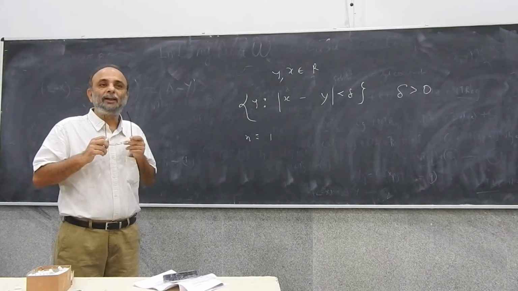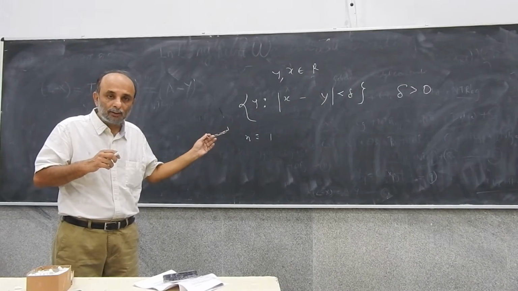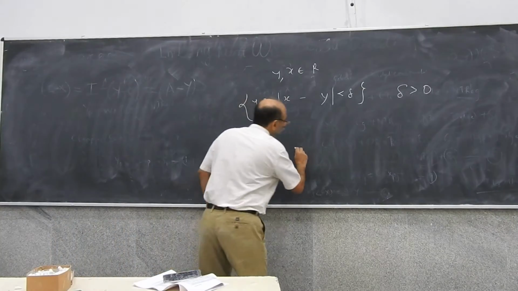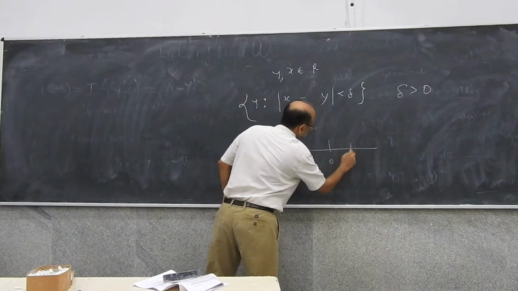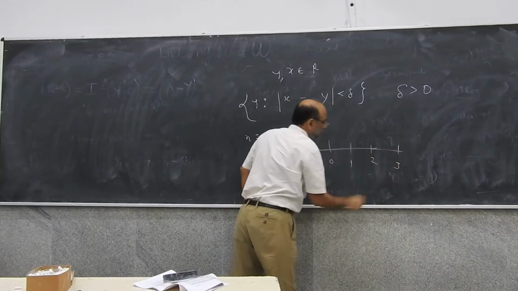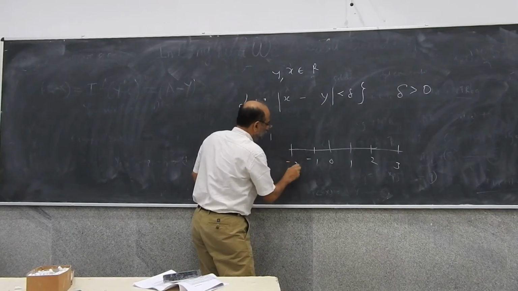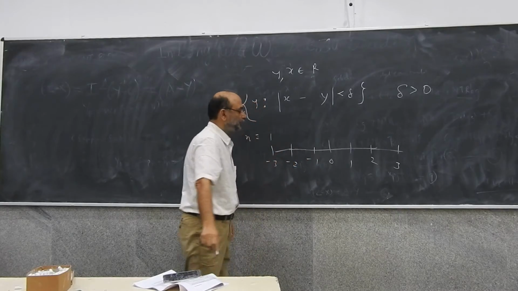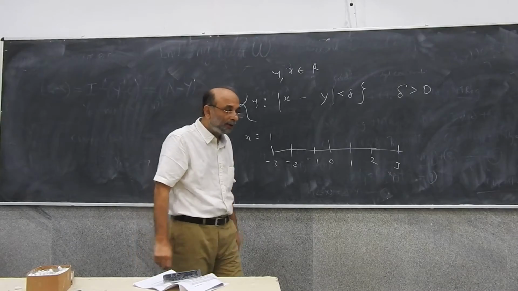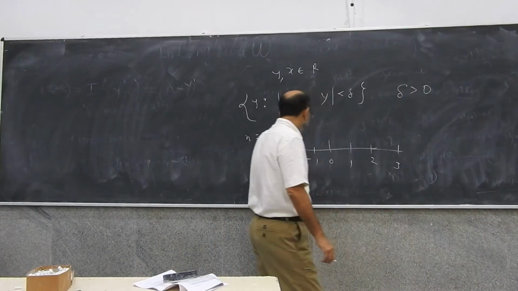All points between minus... So this is 0, this is 1, this is 2, this is 3. This is minus 1, minus 2. So the set of all points which have a distance less than 2 from 1 would be what points?